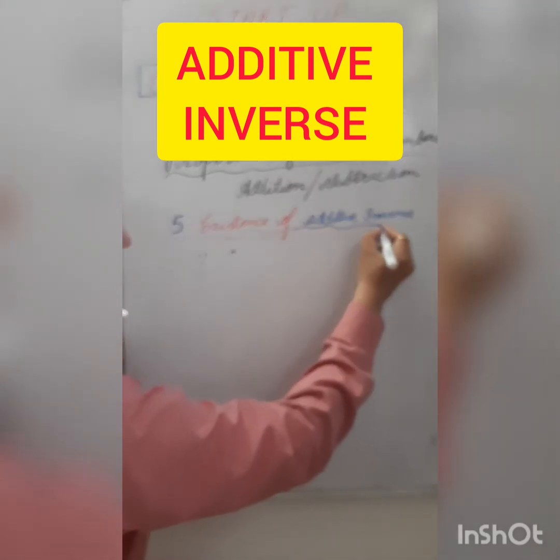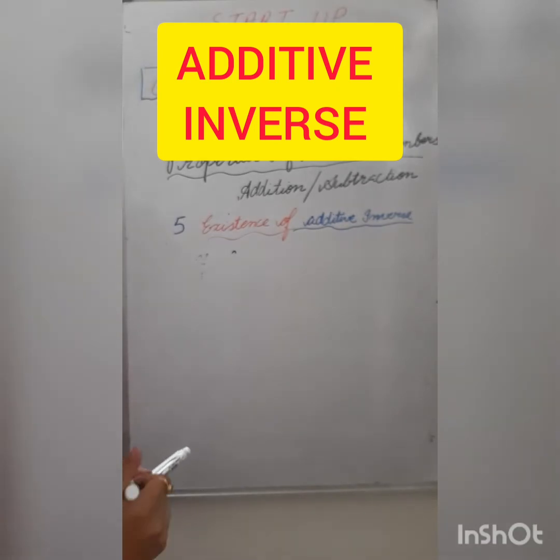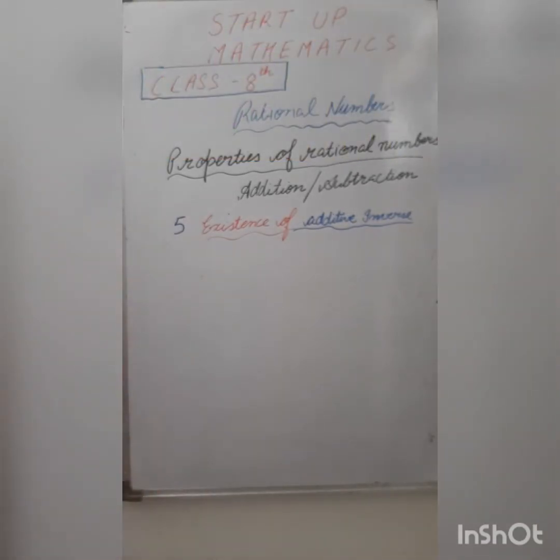It's a very important property. Let's see, what is the meaning of this property, existence of additive inverse? Additive inverse means the opposite of a number. If I talk about the opposite of a positive number, you can say it's a negative number, or the opposite of a negative number is a positive number, right?